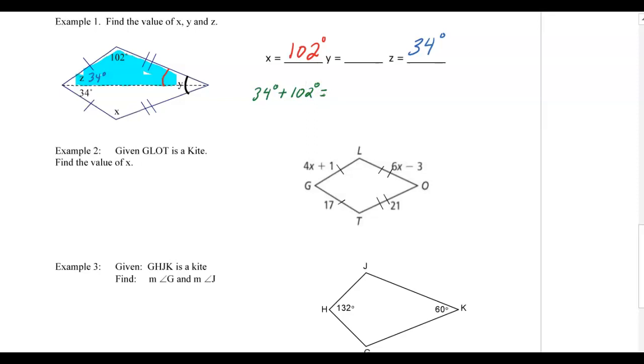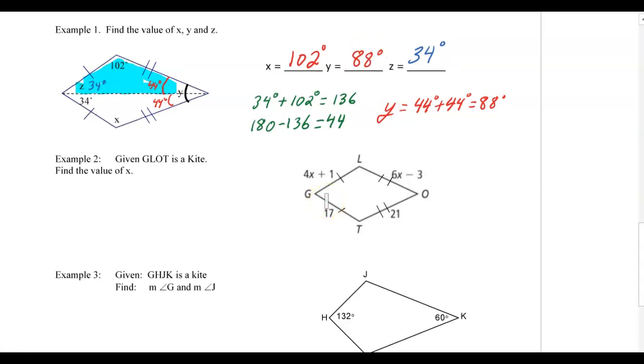Doing that math, I get 136. 180 minus 136 is equal to 44. So the red angle in the diagram is 44 degrees. So the angle below it is also 44 degrees, which makes y equal to 44 plus 44, which is 88 degrees.